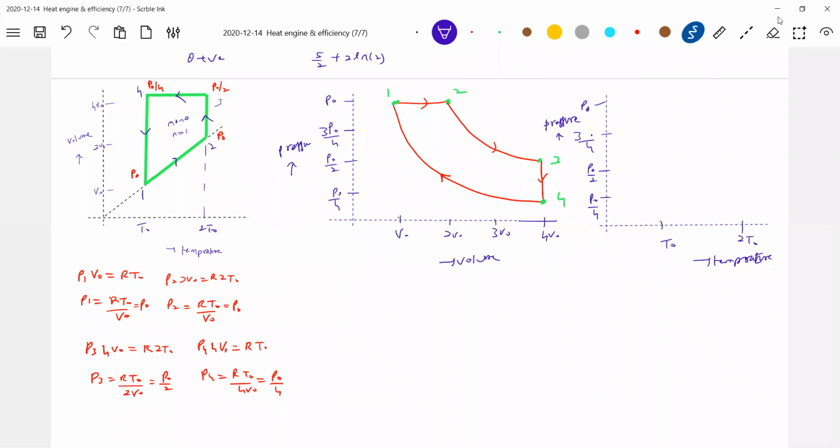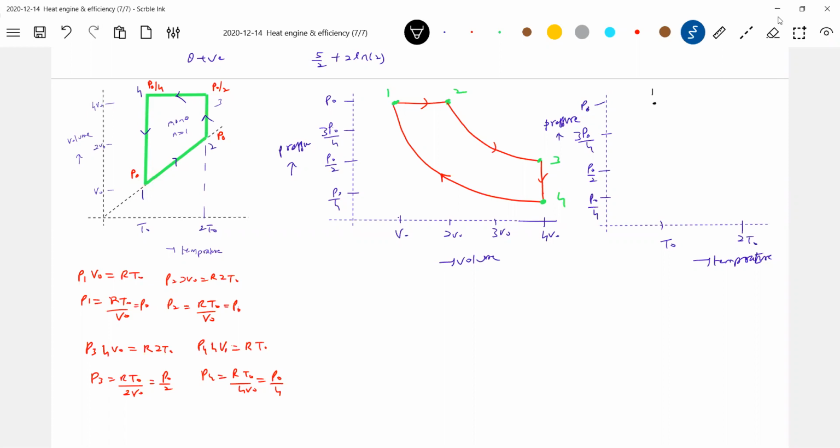Let's go for first identifying the points. First, we should identify points. So point 1 is P0 and T0. P naught, T naught will be here.